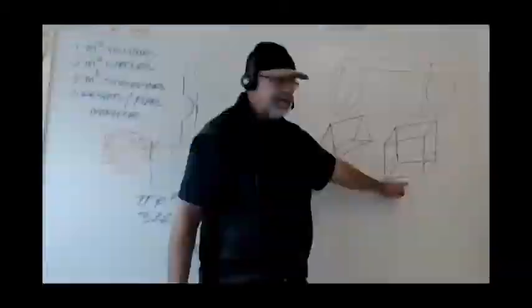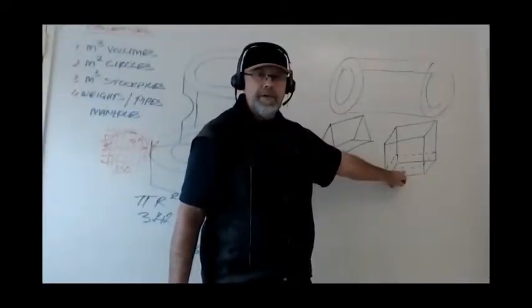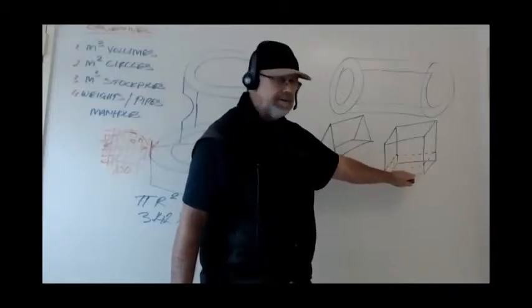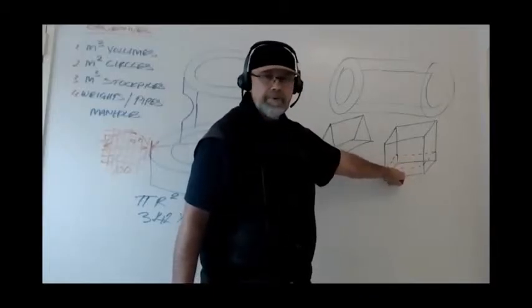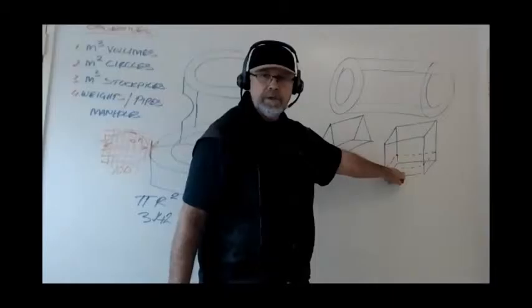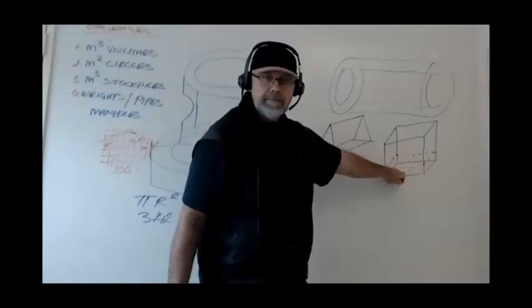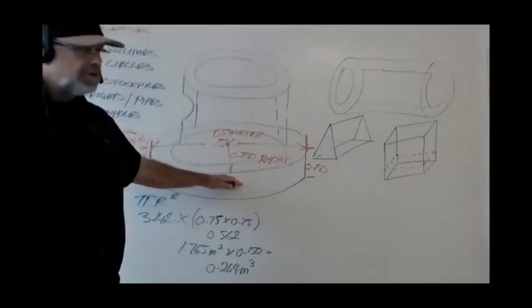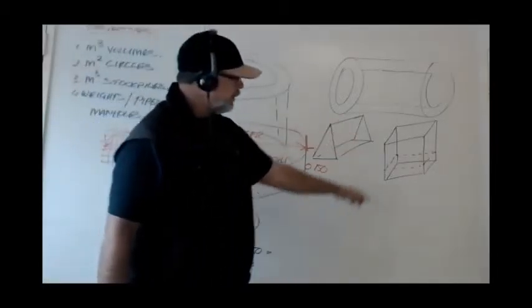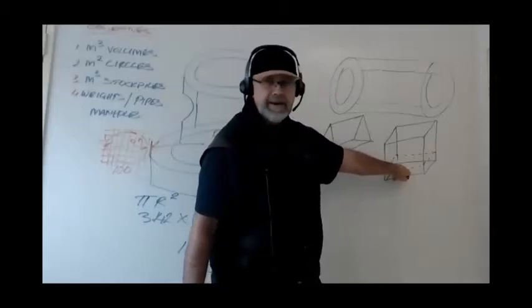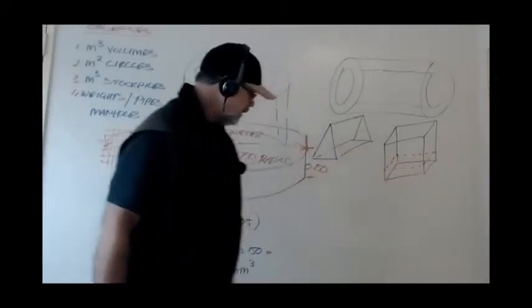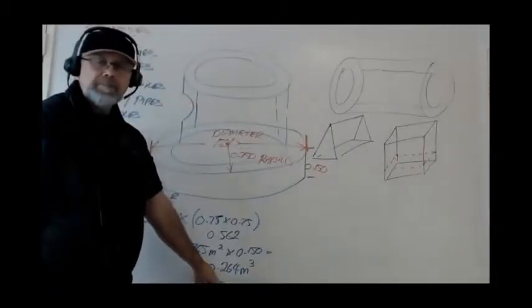If you look down the bottom of this cube, you'll see that we're not quite a third, we're just under a third. So that bottom part represents 0.264 of a cubic meter of concrete. If we got this base and squashed it into this cube, it would only fill the cube up to around about that red line there. So that gives you a visualization of what 0.264 of a cubic meter is.